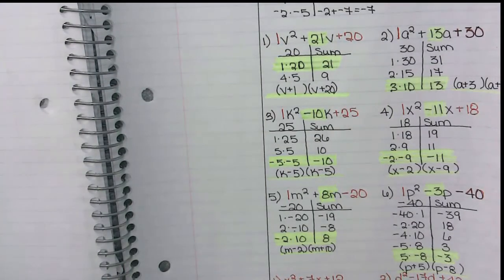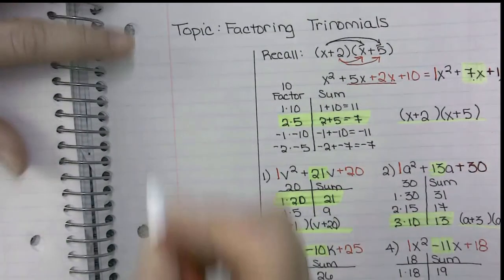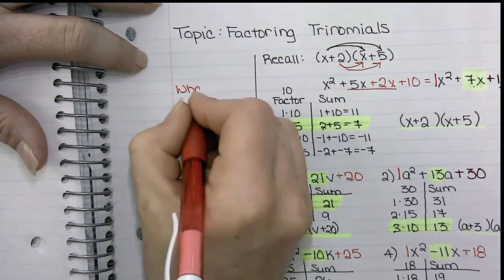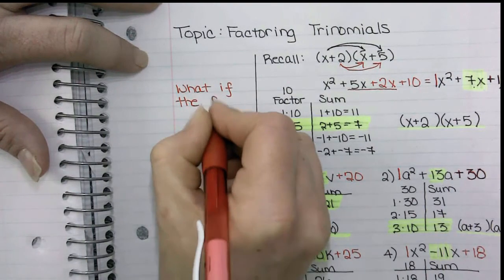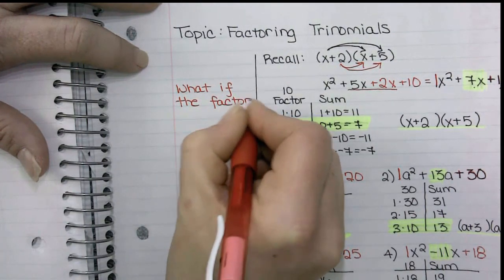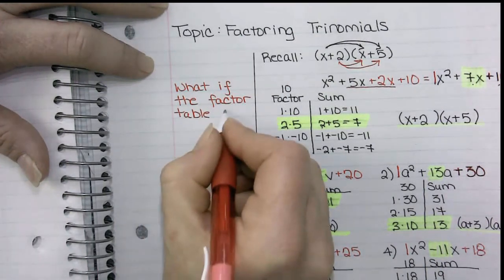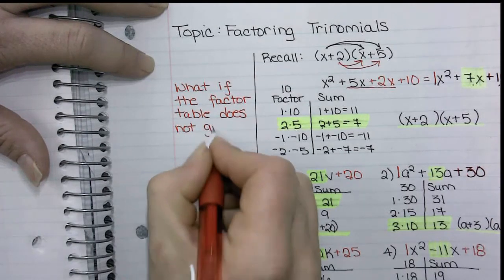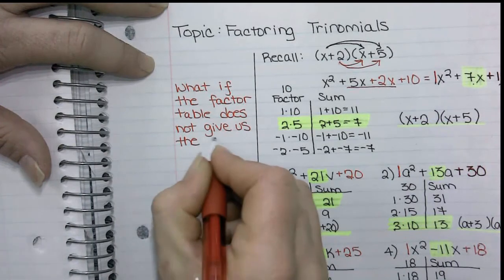And I'm going to give you a question for your left-hand side today. Remember to put any of your own questions, but a really good question would be, what if the factor table does not give us the sum we need?